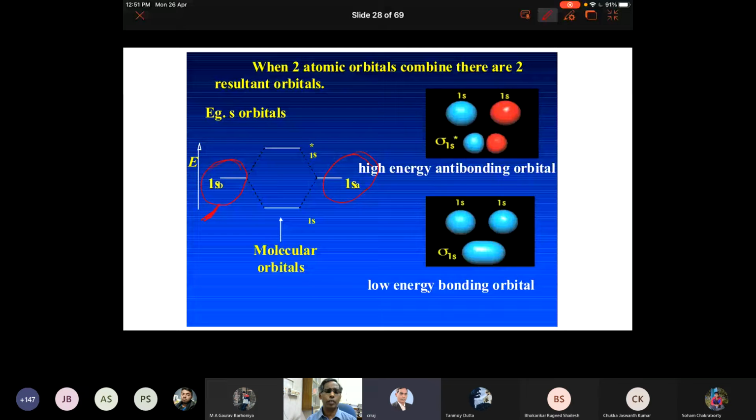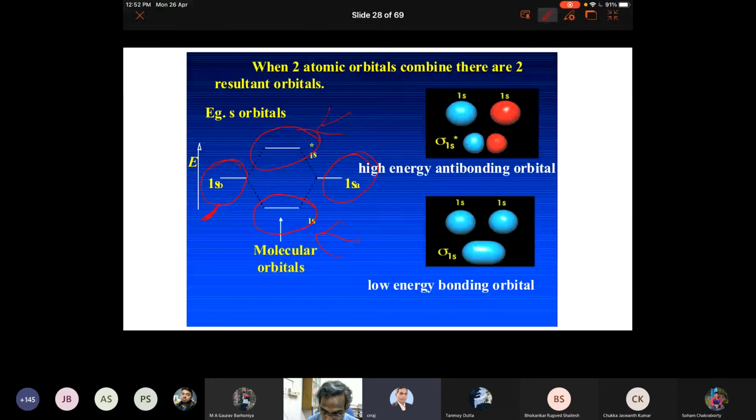Some of you may have several questions now: sir, how do you tell that there's a bonding and antibonding MO, right? It is very difficult for me to explain with this diagram. For that, we should derive the quantum mechanical treatment using the variation theorem. I am not sure how many of you have heard about the variation theorem, but we derive it and show that yes, bonding as well as antibonding MOs are there.